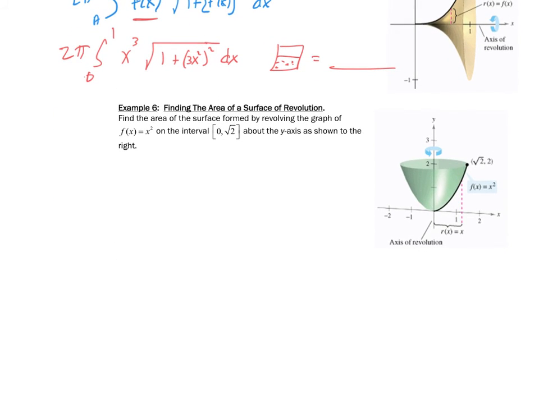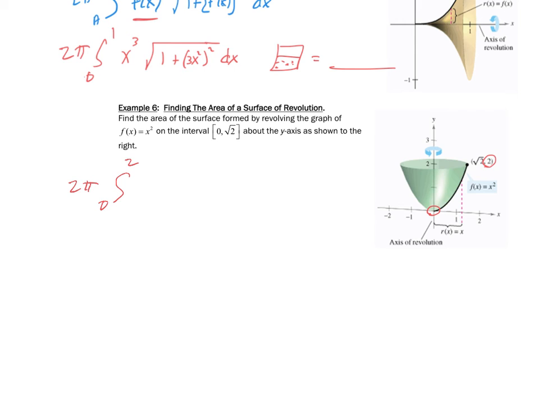All right, finding the area here. Now we're going to revolve around the vertical axis, so now we're looking for vertical slices. I'm going to go from 0 to 2. I'm going to pull out my 2 pi on the outside.